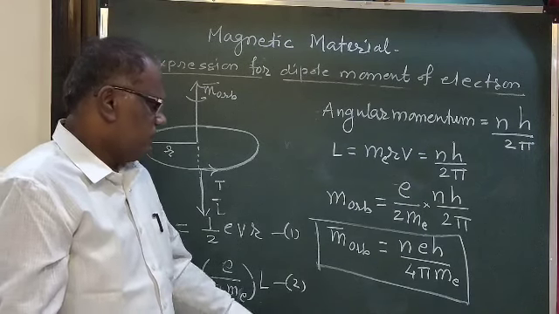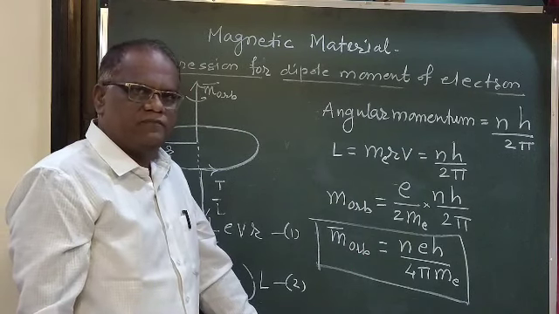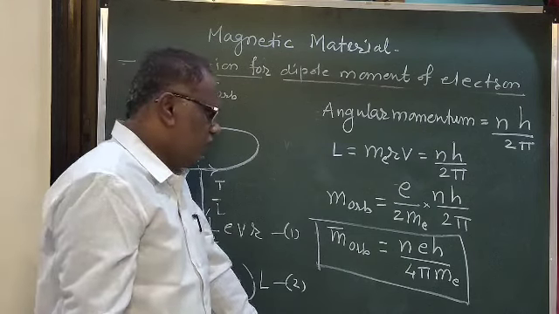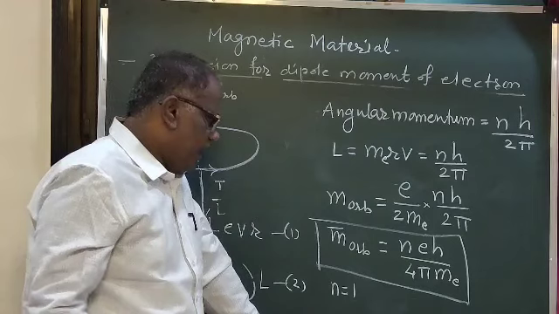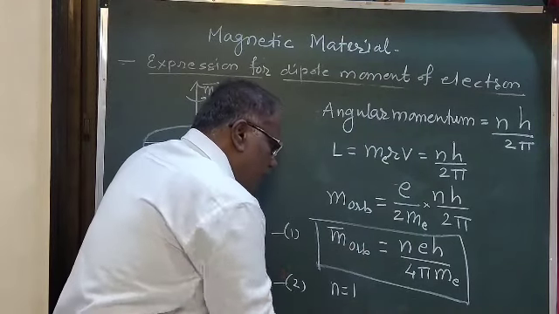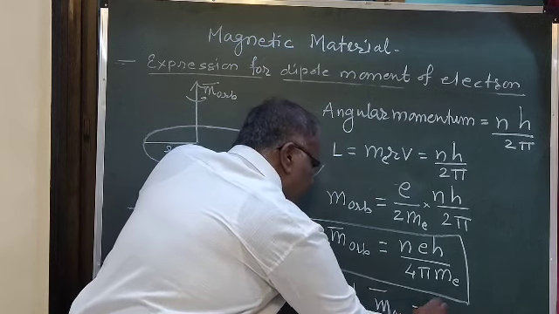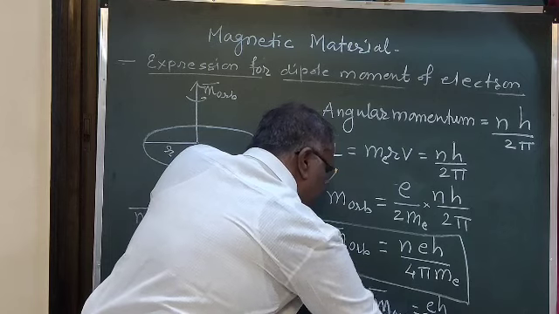Now here, for the first orbit, we know that in the case of the hydrogen atom, there is only one electron which revolves in the first orbit. For the first orbit, n is equal to 1. Hence, the orbital magnetic moment can be written as eh upon 4 pi m.